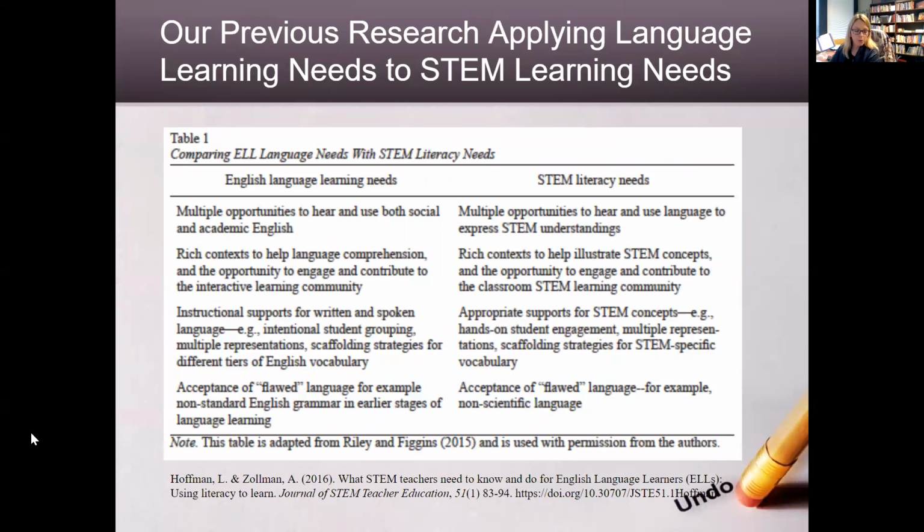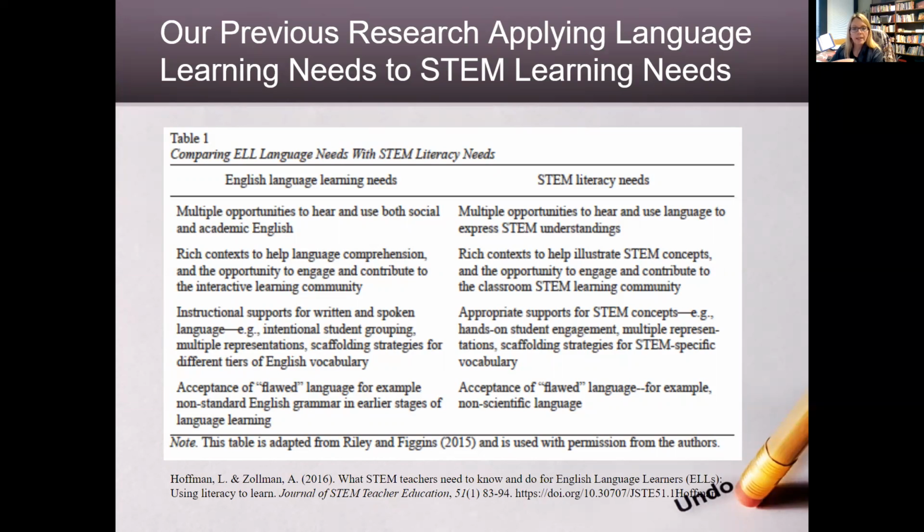This is a table from an earlier article in 2016 about what STEM teachers need to know and do for English language learners, or ELLs. Previously, we had looked at how STEM educators can look at language learning needs of students and the STEM learning needs of students, and how those interact or how those compare.